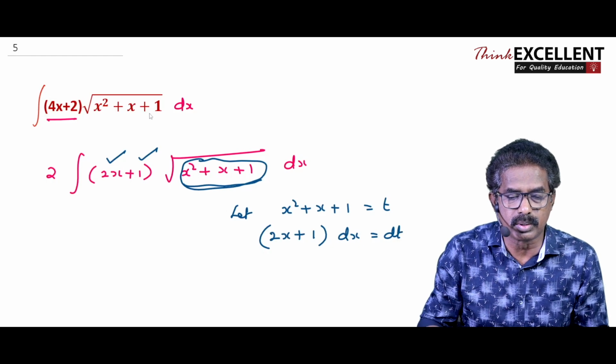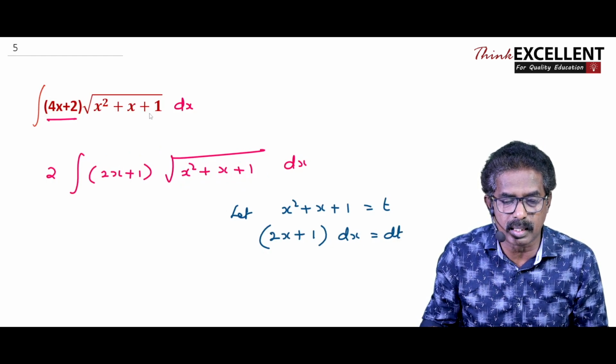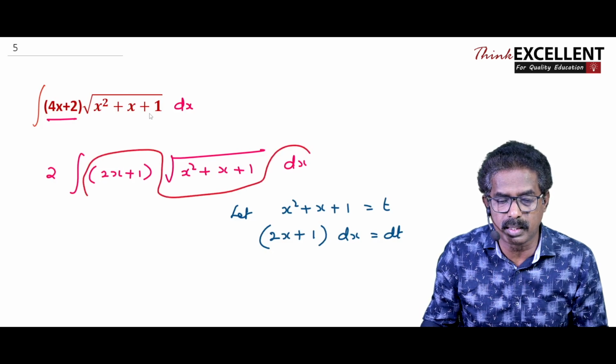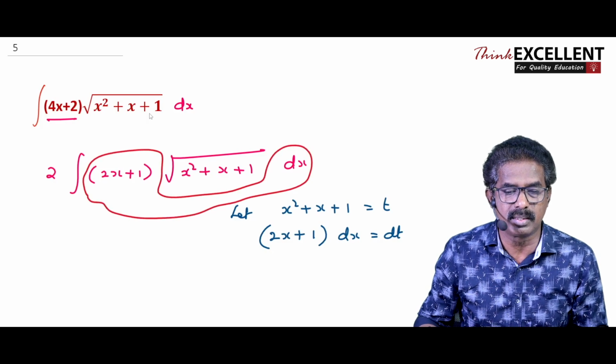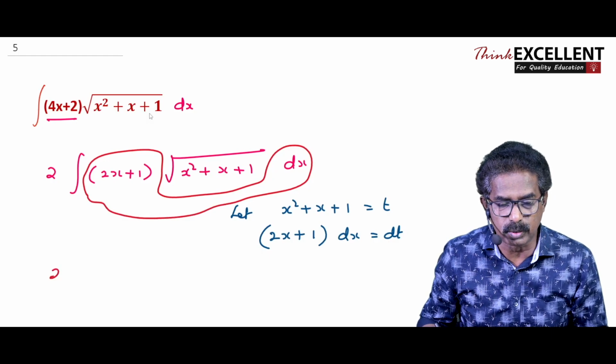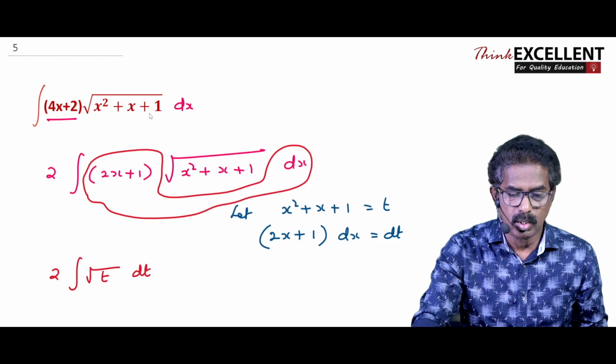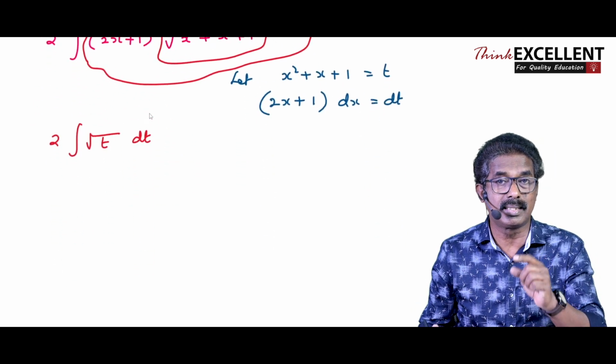Now see the question, what we can change. The 2x plus 1 dx together we can take as dt. So 2 into integral of root t dt. Root t is t raised to half, right?